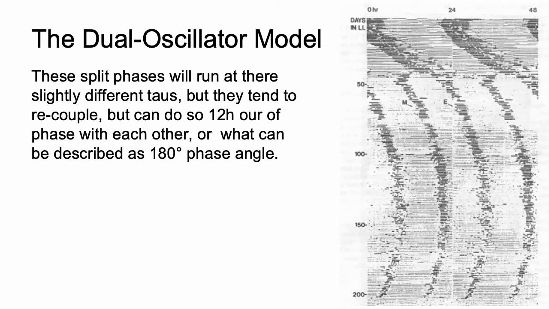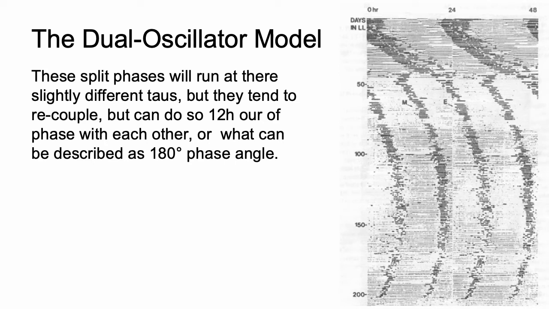These split phases will run at their slightly different taus briefly, but they tend to recouple. But when they recouple, they do so when they are 12 hours out of sync with each other, or 12 hours out of phase, or we could describe it also as 180 degrees away from each other, or a phase angle of 180 degrees, like we see in this hamster case here. And in fact, the M and the E oscillators are labeled here.